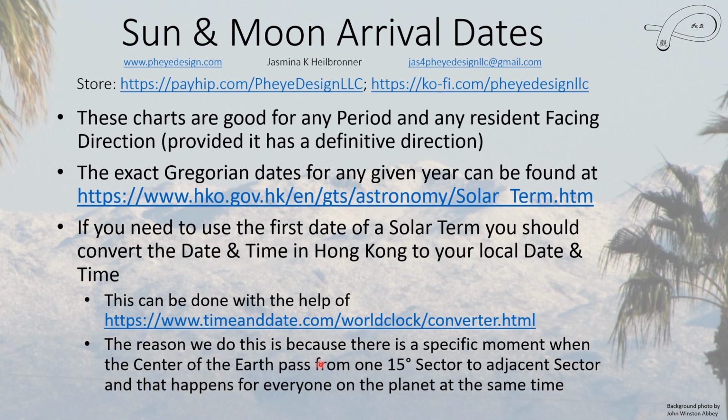And again, I'm explaining it again here. You're doing this because that point in time when the Earth passes from one sector to another happens for everybody on the planet at the same time. And so that's why you have to convert the local Hong Kong time to your local time.